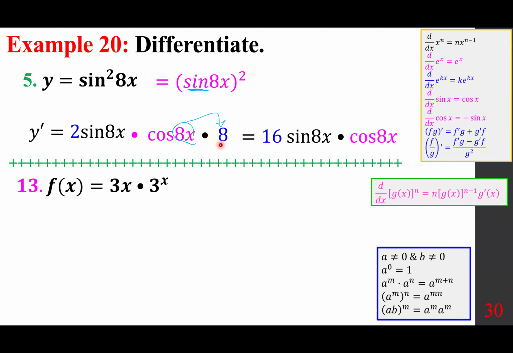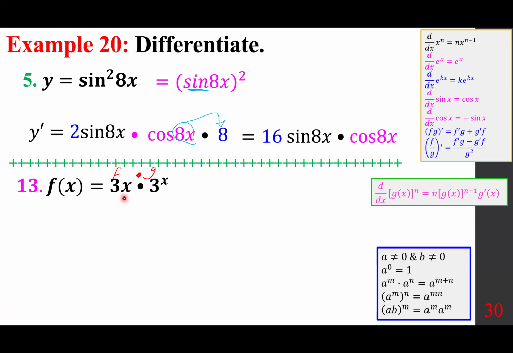f of x is 3 times x times 3 to the power of x. So let's see how we deal with that. Obviously, it's using the product rule. Because it is f times g.